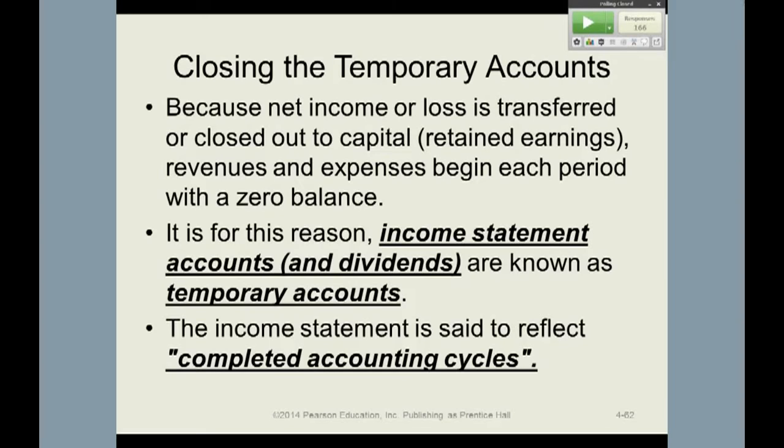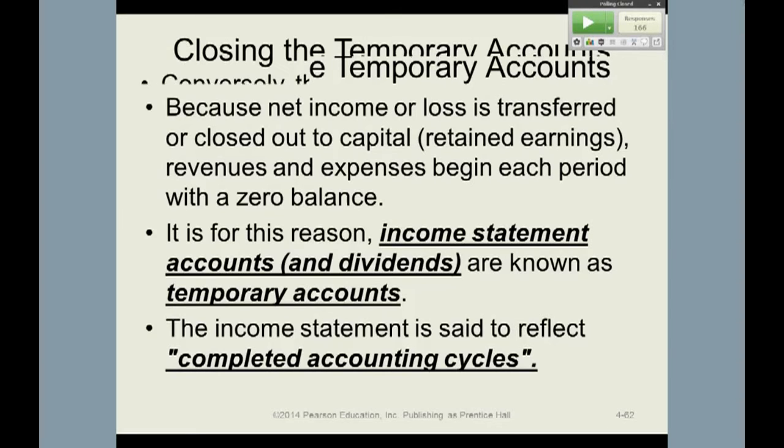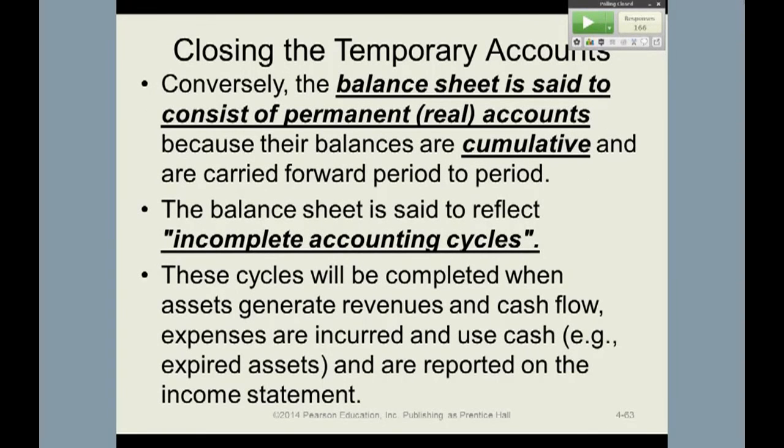Dividends are temporary accounts, revenues are temporary accounts, expenses are temporary accounts. And they have to go into retained earnings. So the question is, what are the temporary accounts? Income statement accounts and dividends are temporary, and as we said, the income statement is made up of completed accounting cycles. I'm trying to embellish on what's on these slides, so make sure that you take some notes as well.